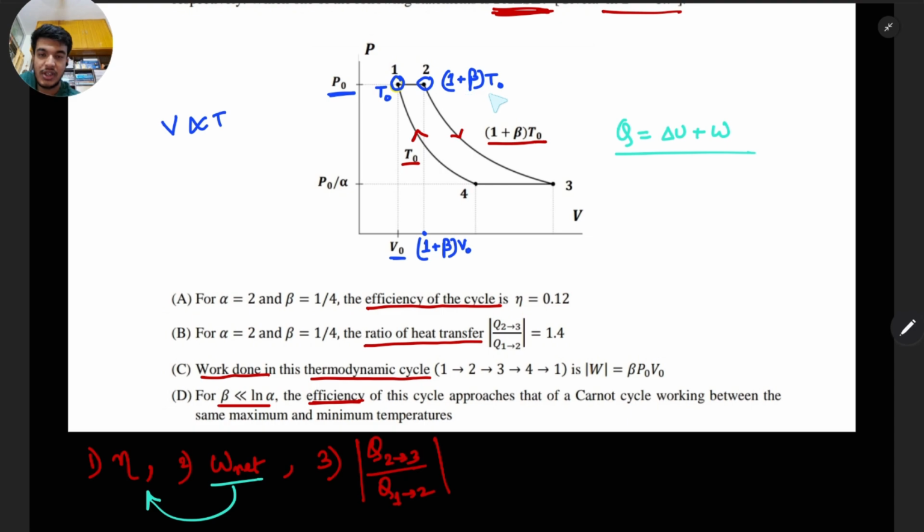Now since it is at (1 plus beta) T0 temperature, and this is an isothermal process, this is also (1 plus beta) T0. So at constant temperature, pressure goes from P0 to P0 by alpha.